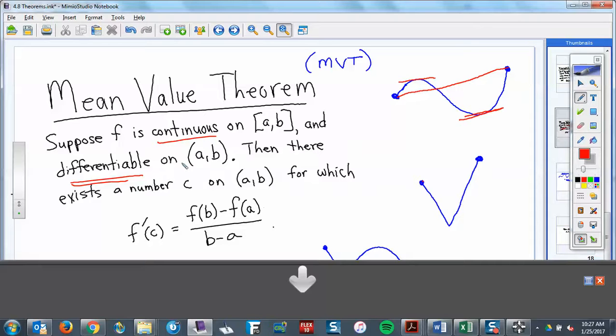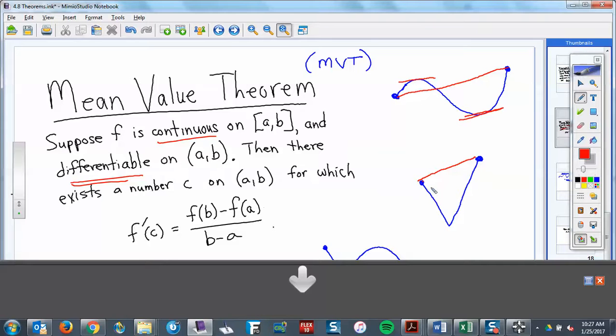Now, it also means, if you know a function is differentiable, it's also continuous. It's kind of like the square and the rectangle. We'll get to that in a second. But let's first talk about why differentiable has to be in here. Here's an example of one that's not differentiable at this point. It's differentiable everywhere else, but not at this point. Here, the slope between the endpoints is that.